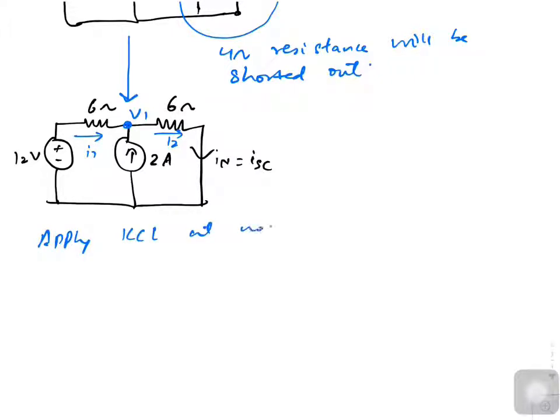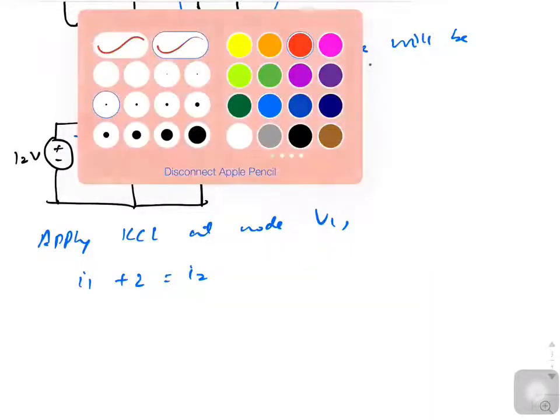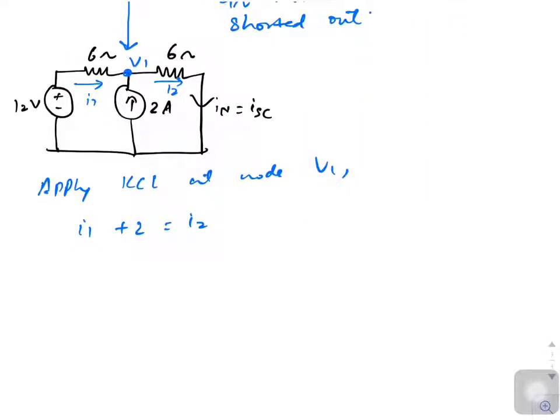at node V1, I would get I1 plus 2 is equal to I2. Now if you transform the equation, I1 is (12 minus V1) by 6 and I2 is V1 upon 6, (V1 minus 0) upon 6.